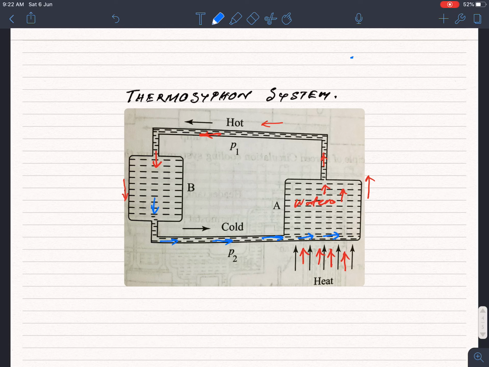So in the radiator we cool down the hot water. This water again, because of higher density, goes down and through P2 it is going to container A. In this way the thermosiphon system works in an engine.